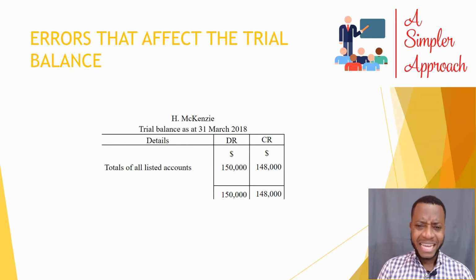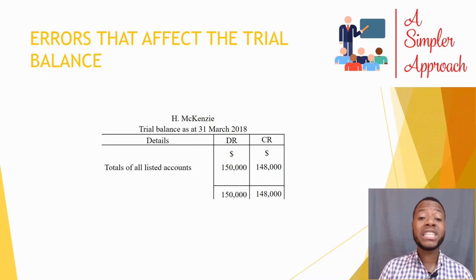On the credit side, we have 148,000. So what we have is a trial balance that is not balanced. What we are talking about in this specific case are errors that would result in this happening.